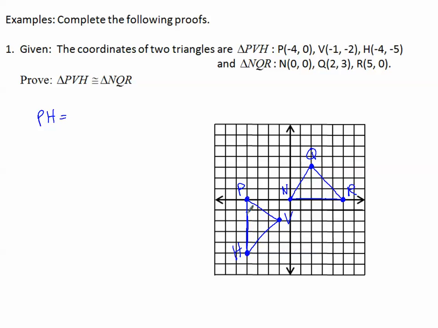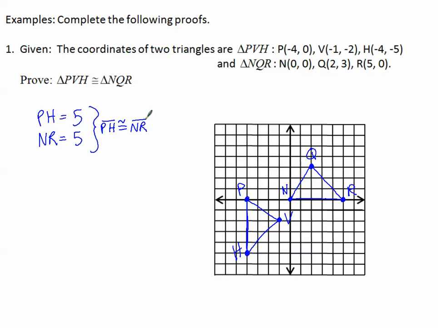P to H is 1, 2, 3, 4, 5 blocks. N to R is just 1, 2, 3, 4, 5 blocks. Since PH equals 5 and NR equals 5, we can say that segment PH is congruent to segment NR.